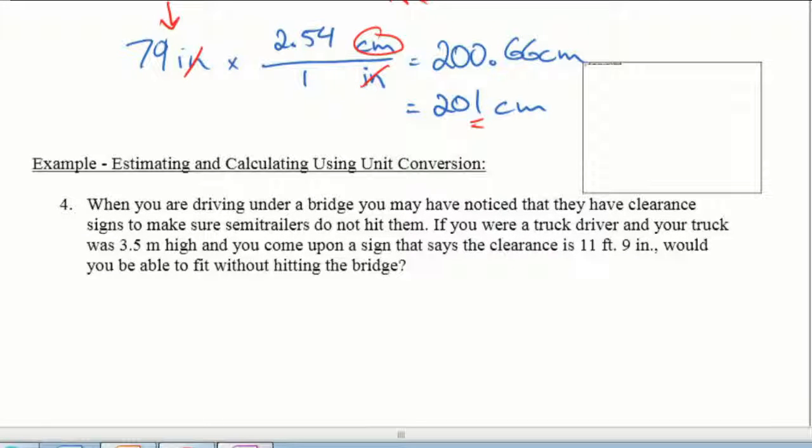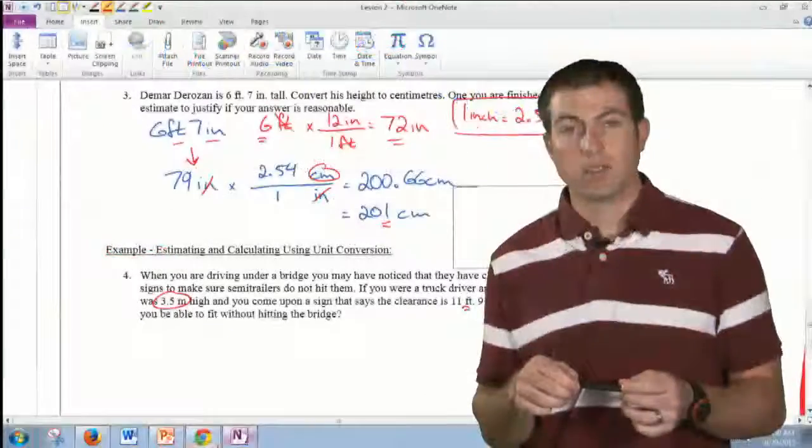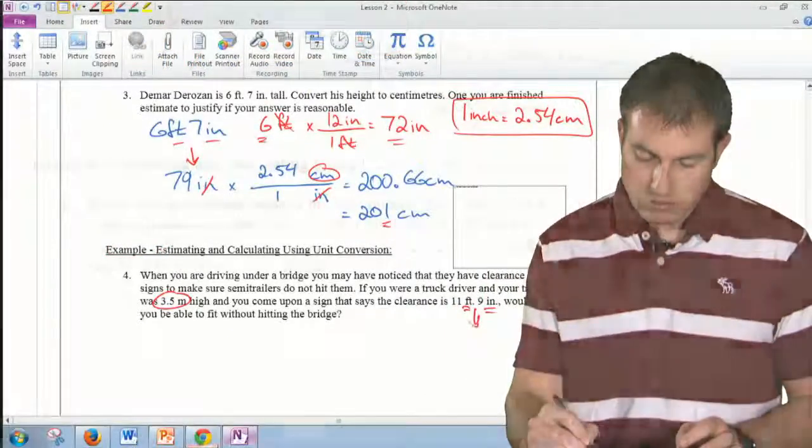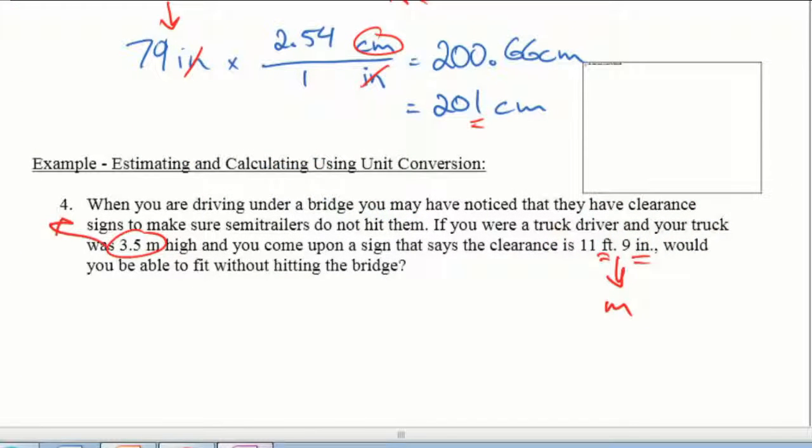So again, this is kind of like the distance-driven question from up above. We could convert the meters into inches, or we can convert the inches into meters, but we need to have them in the same unit. Oh, sorry, this is 11 feet 9 inches. We need to have them in the same unit in order to compare them directly. So again, we can convert this to meters if we want, or we can convert this into inches.